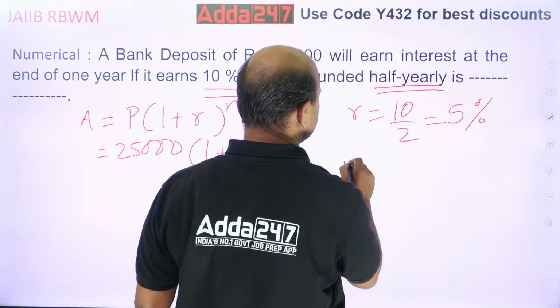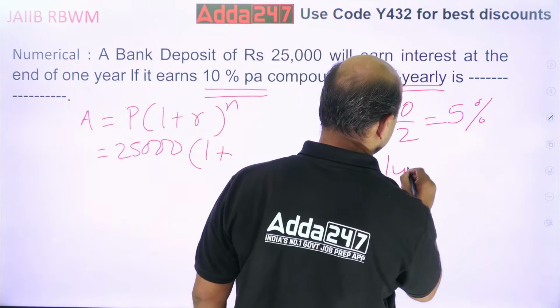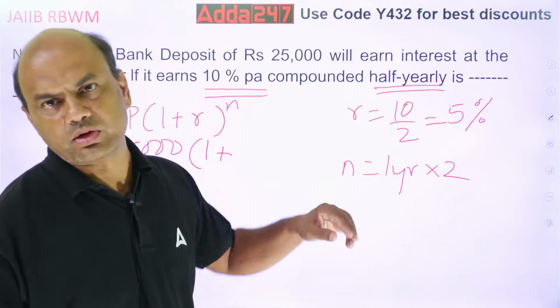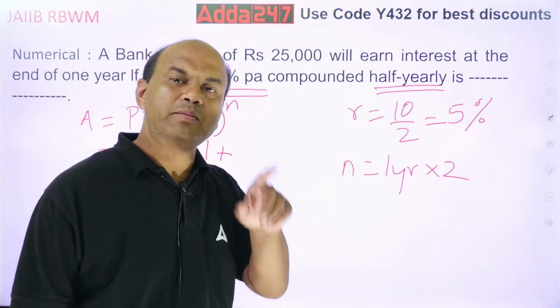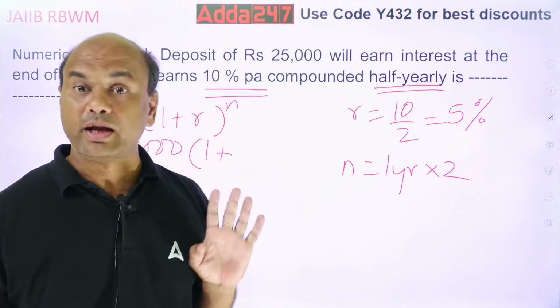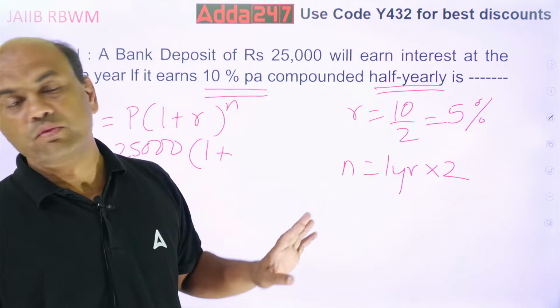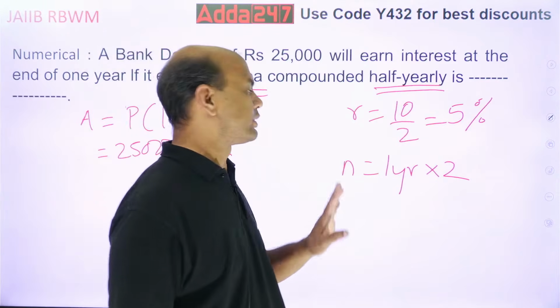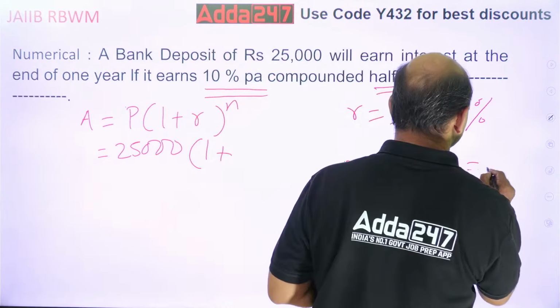N equals 1 year, but multiply by 2. Whichever number you divide to R, the same number you will multiply to N. Kindly remember this. So N is equal to 2.